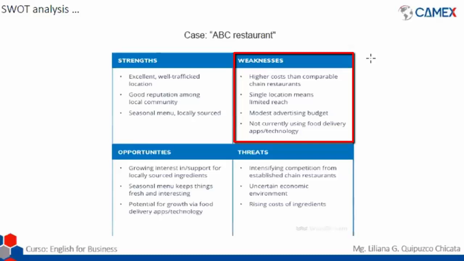In this case, maybe we have just a small amount of budget just to put our name out front, but it will be a weakness if we compare it to maybe another restaurant that has the money and invests in, let's say, making flyers or putting their names, in this case their logos, in local magazines, or also investing in a community manager and making a Facebook and an Instagram in order to get more people to the restaurant.